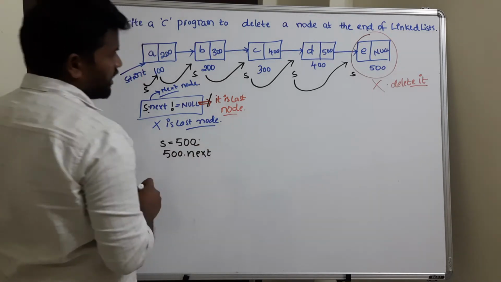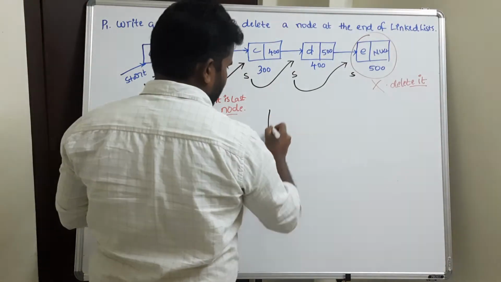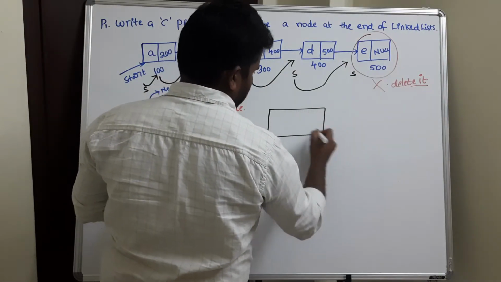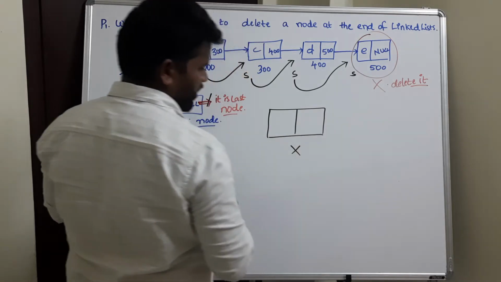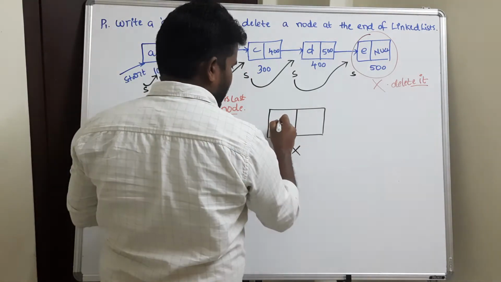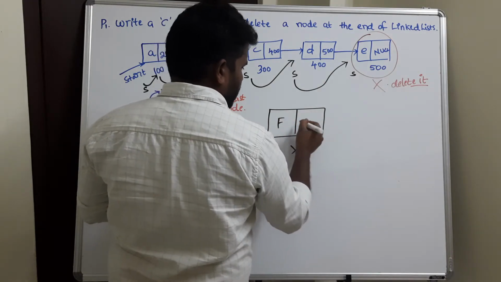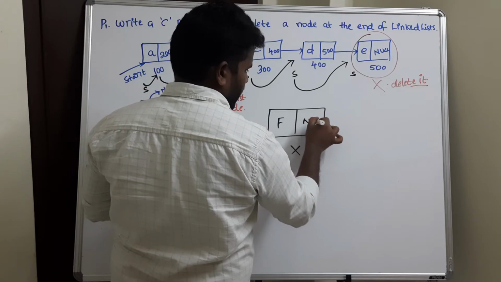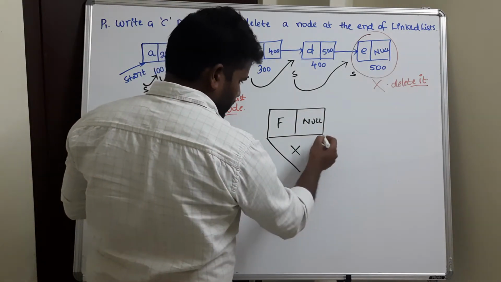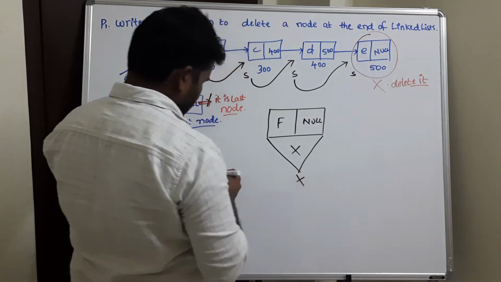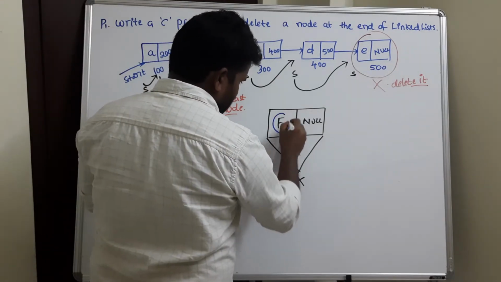In a linked list we have two values every time, right? If we have a linked list node like this, this is the address X, with some value F here, and a null value or some address here. You can call this X. How can you access this element?